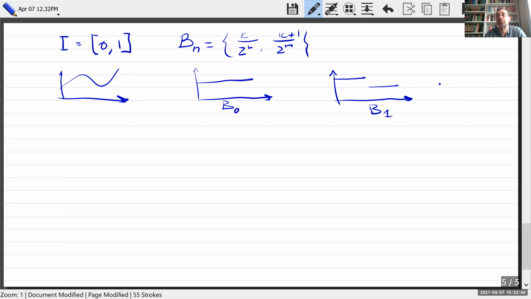Okay, and so on. So for instance, B2 then will be a function which is piecewise constant on intervals of order 2, something like this, and so on.